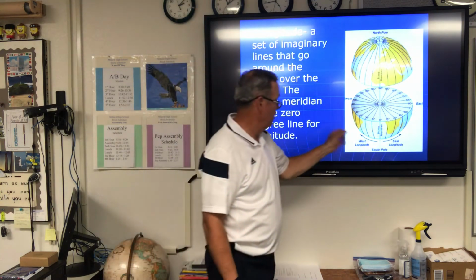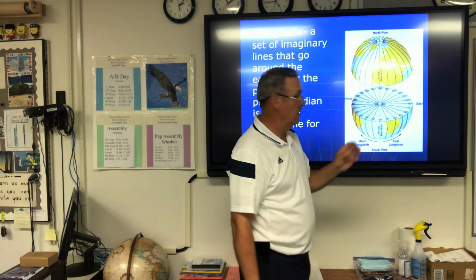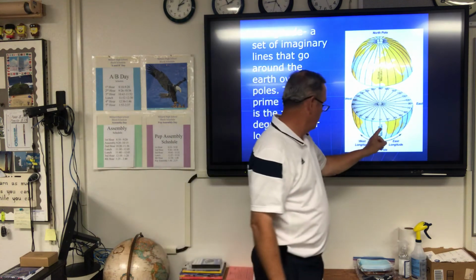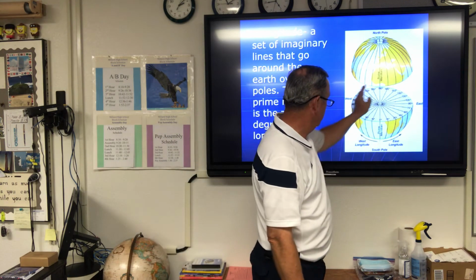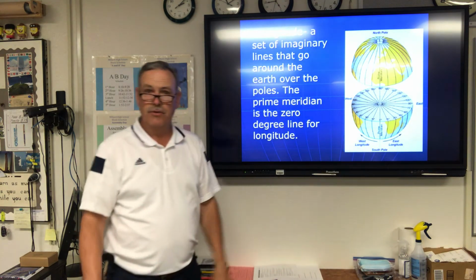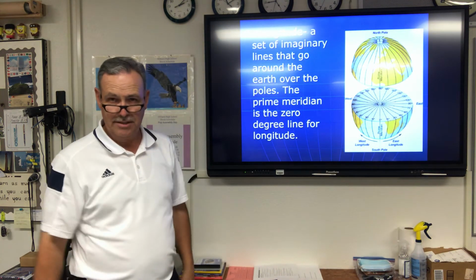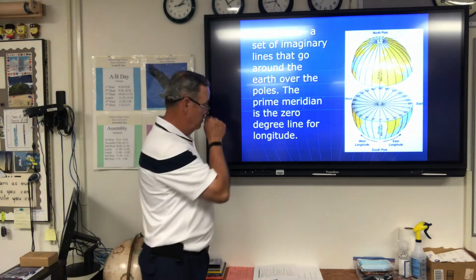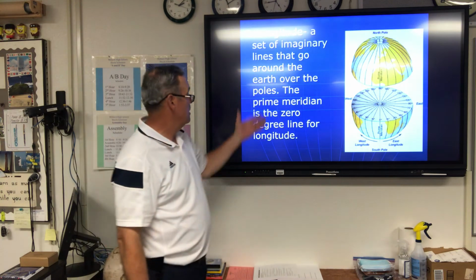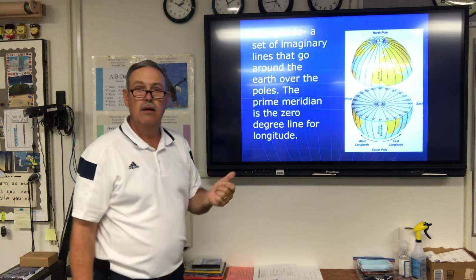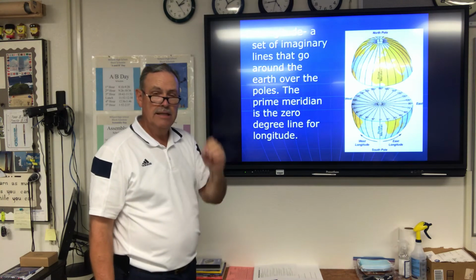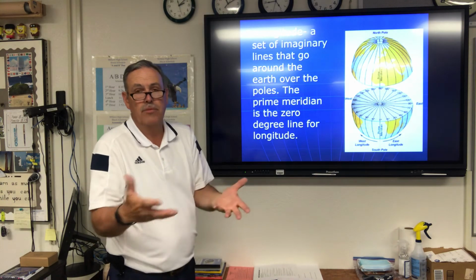So we have 180 lines in both directions, okay? So we go to the west, clear around to 180. We go to the east, clear around to 180. And we have a total of 360, which creates the circle. And the prime meridian is important to know because lines of longitude are called meridians. And since we've identified that one as 0, it is called the prime meridian, or the best.